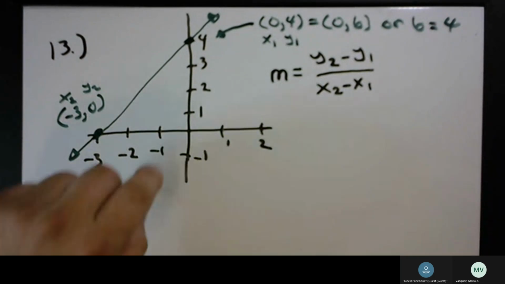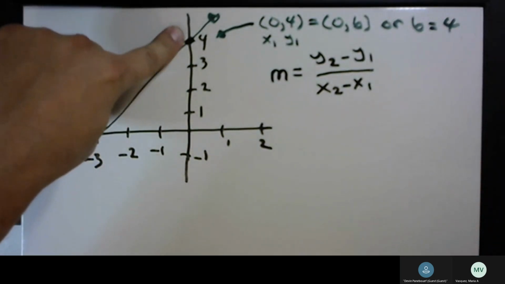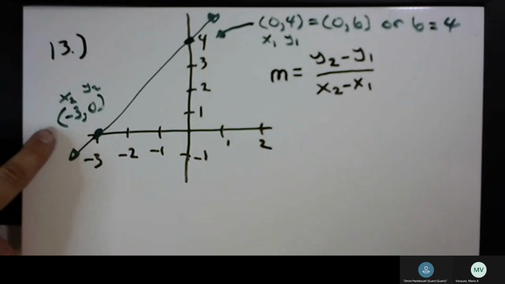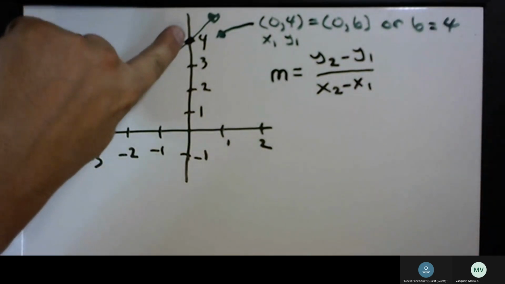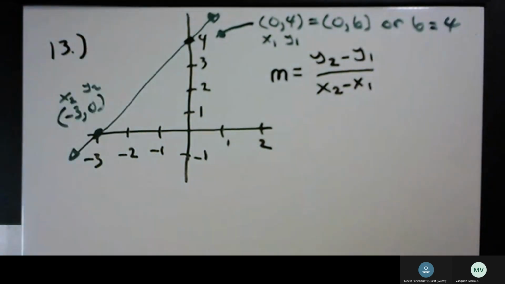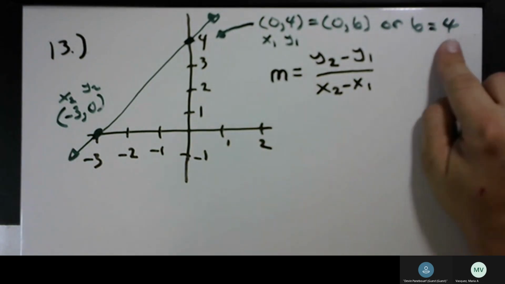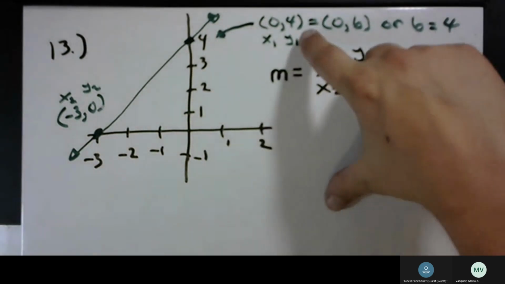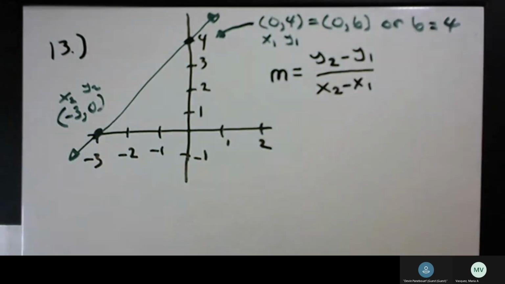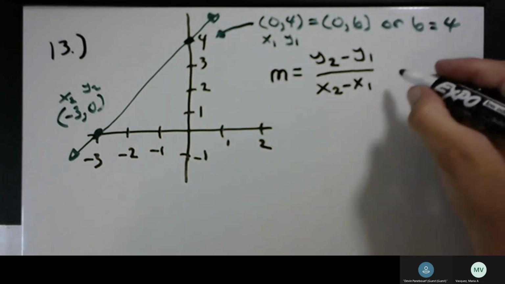So what we needed to do is identify what the points are. This is 0, comma 4. This is negative 3, comma 0. We want to identify those points. And then we can recognize this is a y-intercept because it's crossing the y-axis. So that means our b that we're going to use in y equals mx plus b is 4. Now we're going to use these 2 points to come up with the m, or the slope.